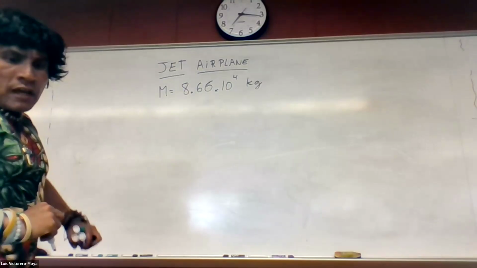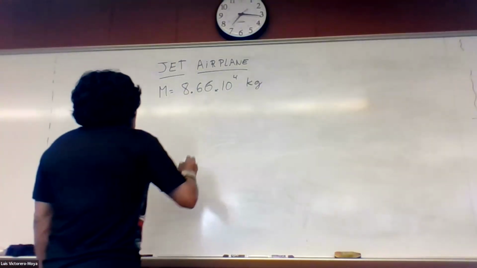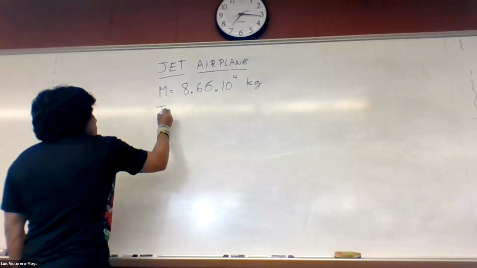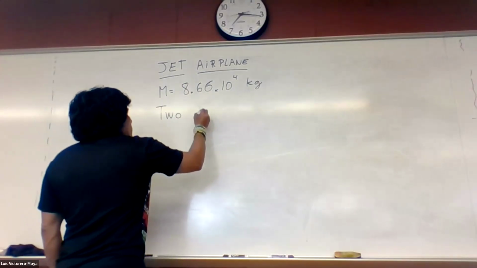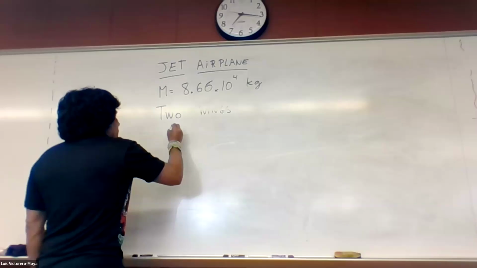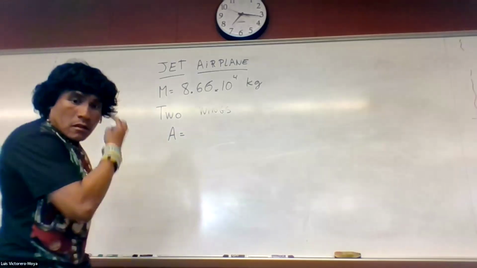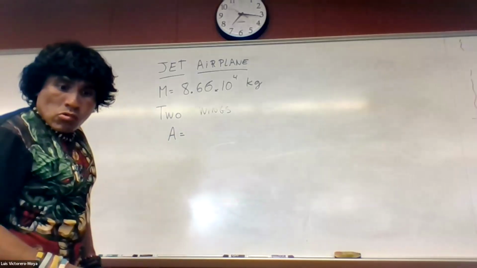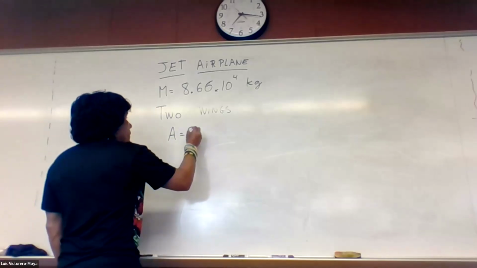And the two wings have an area of 90 meters squared.